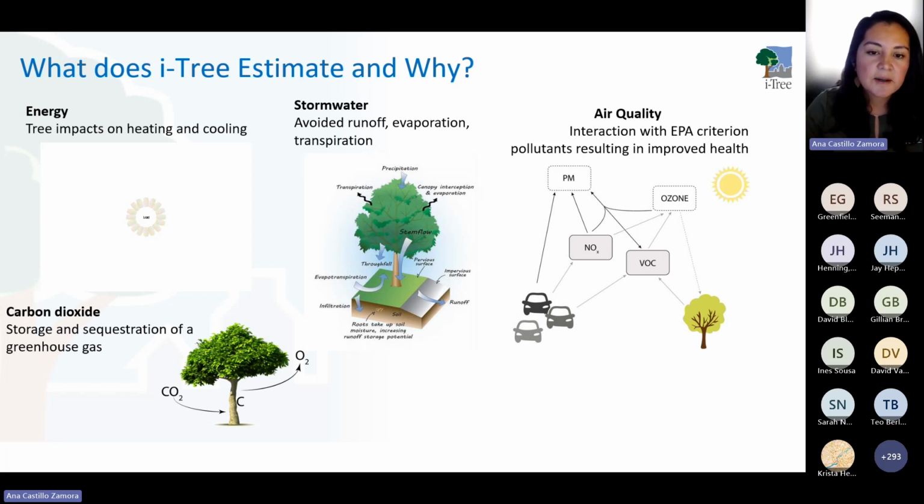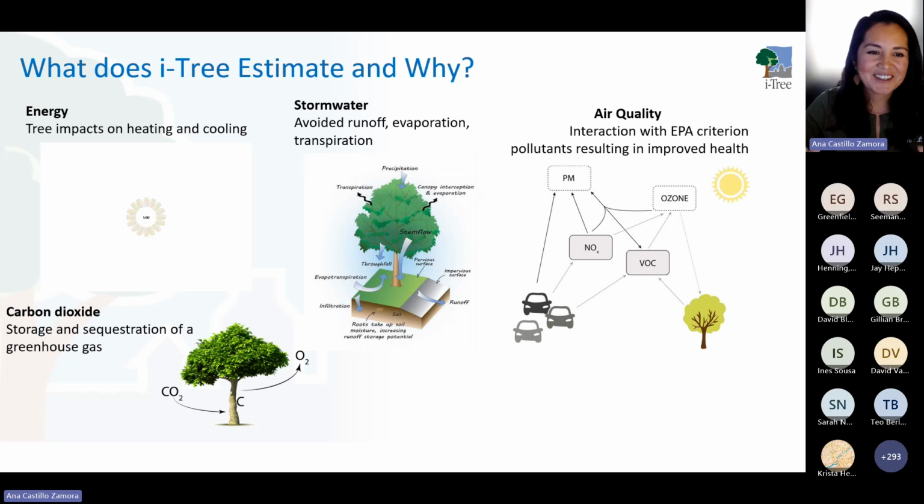Or leaves can also have gas exchange with some of these pollutants, and we can quantify that amount, but also the benefit to human health, thanks to some models developed by the U.S. Environmental Protection Agency. Again, these are the four core ecosystem services that you'll see through the different tools that you use as part of the iTree suite.